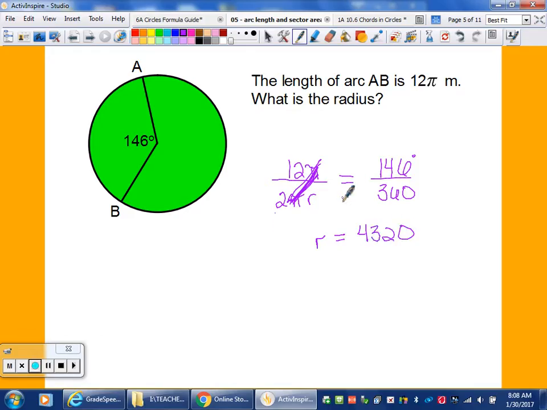Then 2 times 146 is 292 times r. So divide by 292, right? Simple algebra here, guys. This should not be hard. And I get my radius is 14.795 meters.